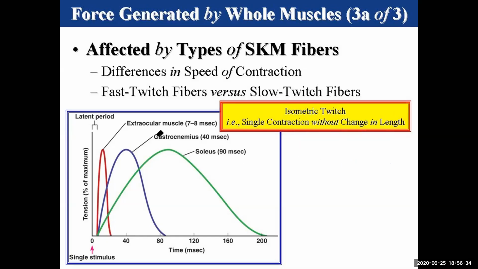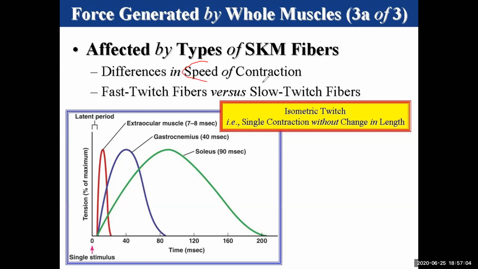So as you can see here, different muscles are responding to the same stimulus in terms of intensity. All of them go through a lag period. They all get to maximal tension. That's not the point. The point is how much time did it take them to get to maximal tension? That's how we define speed, right?